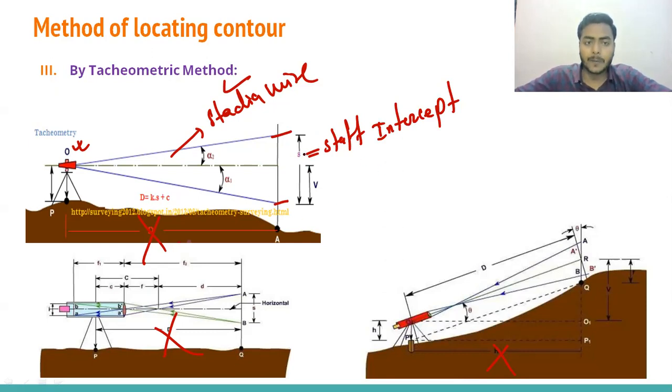Once we have this staff intercept, we can calculate the horizontal distance and vertical distance. No need to measure the horizontal distance between two points separately. This is one of the advantages of using the trigonometric method.